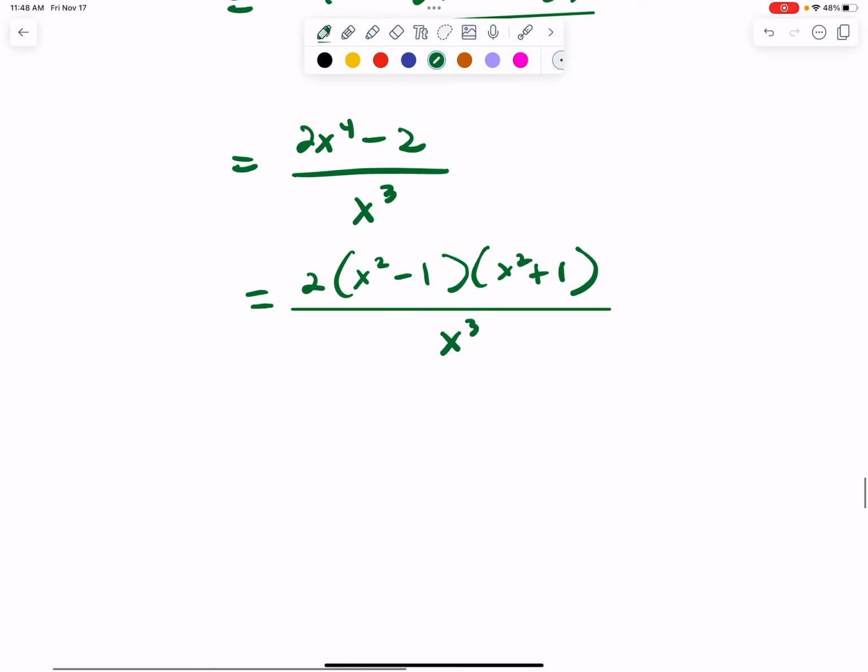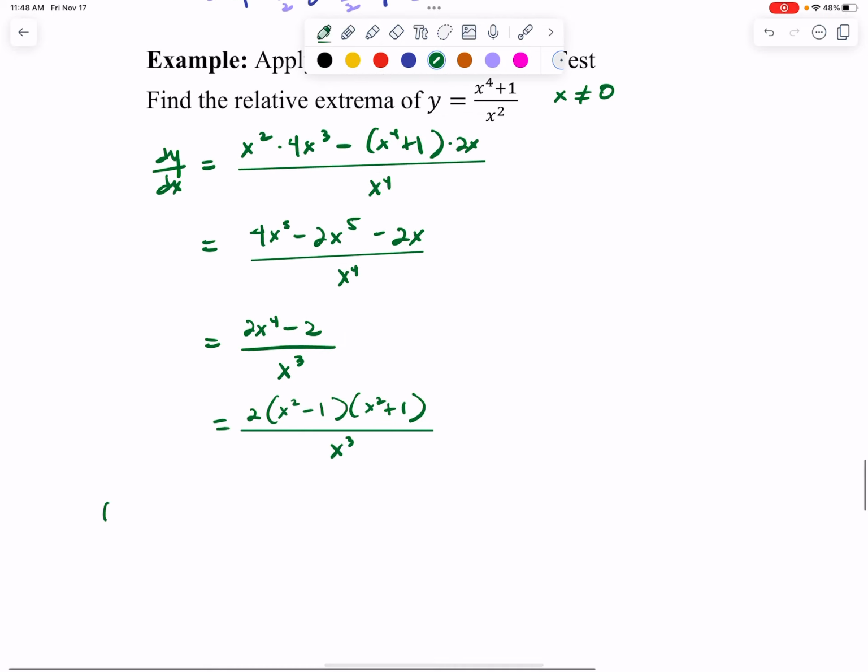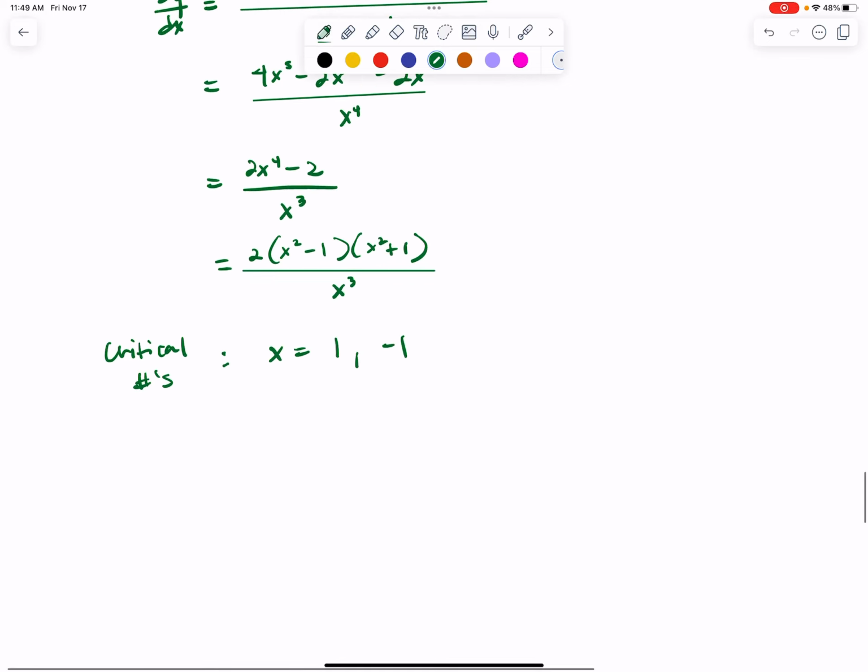So 1 and negative 1 would make dy over dx 0. And 0 would make the dy over dx undefined, but 0 is not in the domain. So our only critical numbers are x equals 1 and negative 1. We are not counting 0 because 0 is not in the domain.